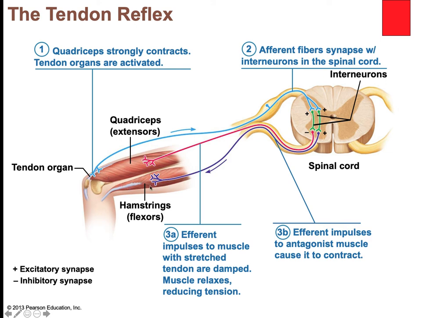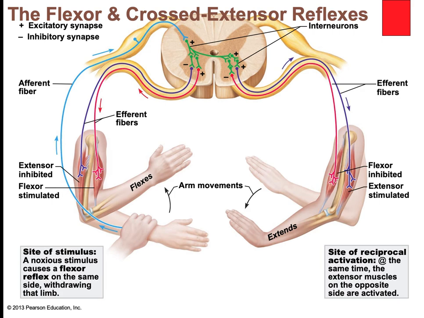When the hamstrings are contracting, okay, they are reducing the tension that's the result of the pull from the quad, okay? And so the tension in the affected connective tissue is reduced, and it's less likely that it's going to tear, okay? So what this does is this basically works opposite the way that the muscle spindle works, okay? We don't want to tear the tendon, but we also do not want to tear the muscle, okay?